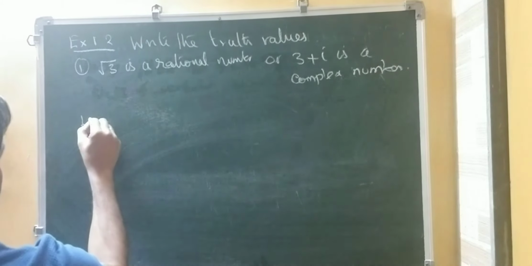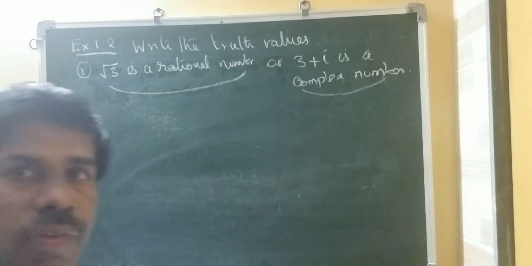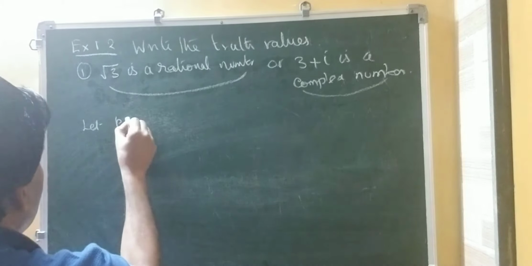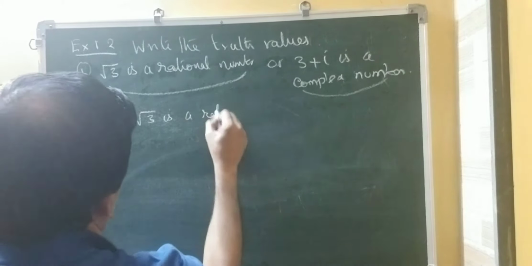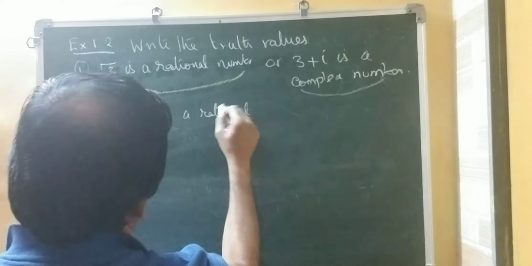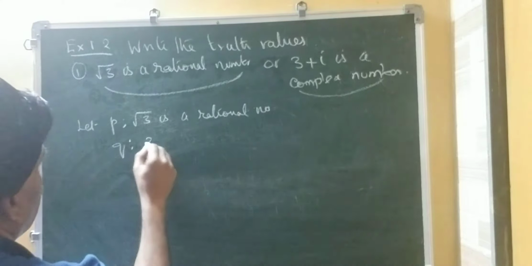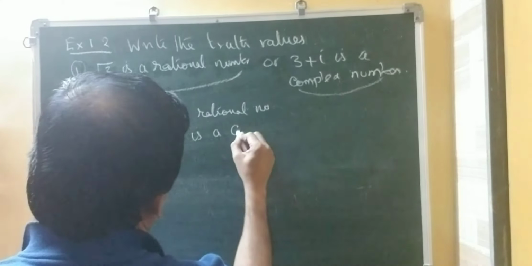Now, there are two statements here. So, first of all, we will name them as P and Q. Let P: root 3 is a rational number. Let Q: 3 plus i is a complex number.